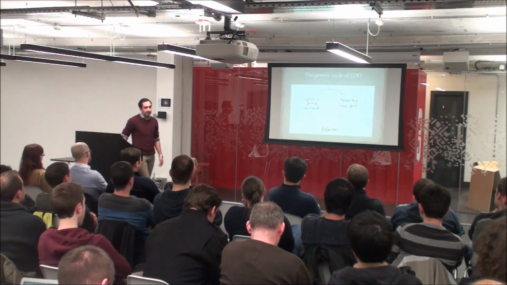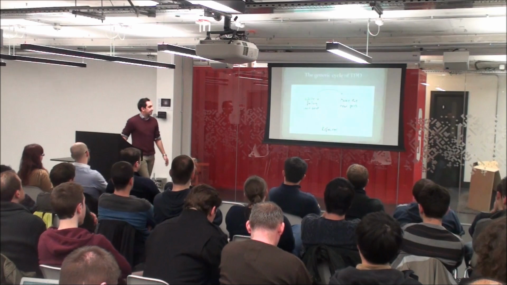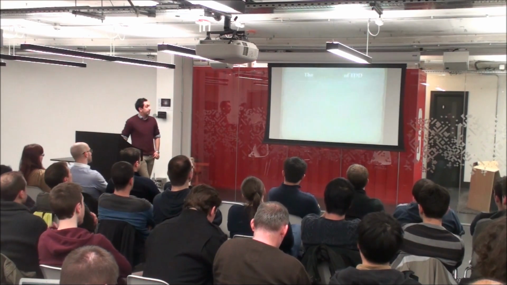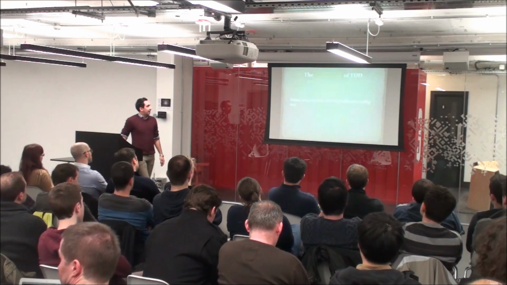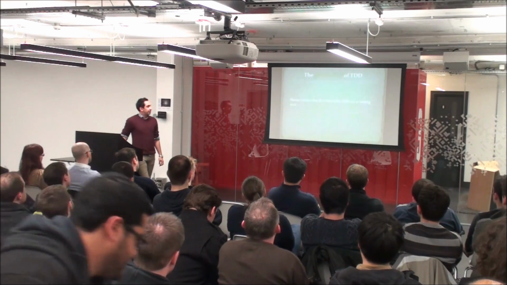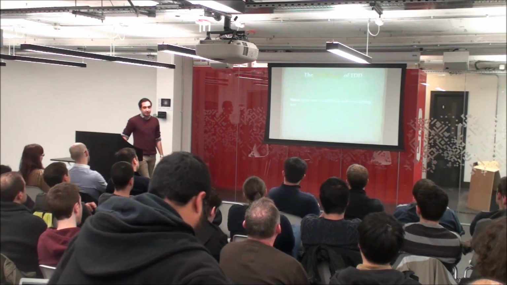Red as in a failing test, green as in making it pass, and then you refactor. So what's the golden rule of TDD? Something that sums it up is: never write any functionality without a failing test.